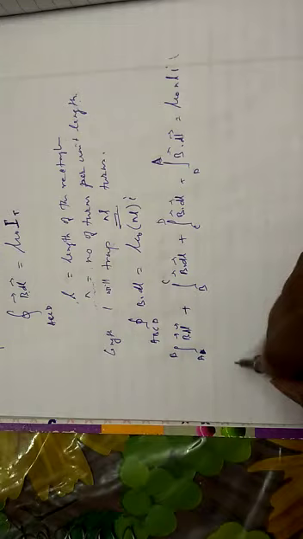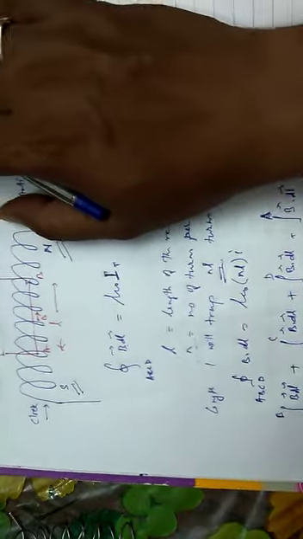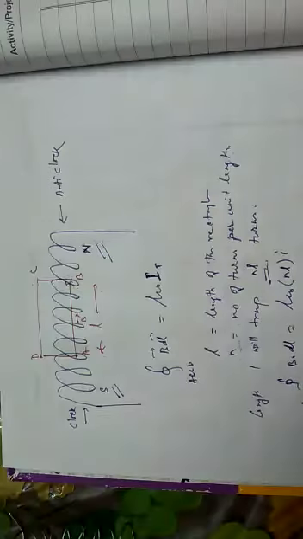Now A to B, B is constant, because inside the solenoid the magnetic field is constant if the turn density is constant and current is constant. So B will come out of the integration sign.